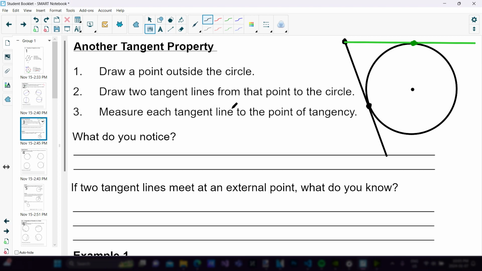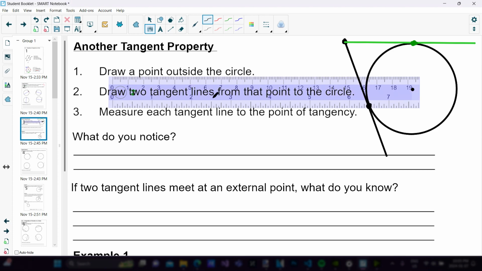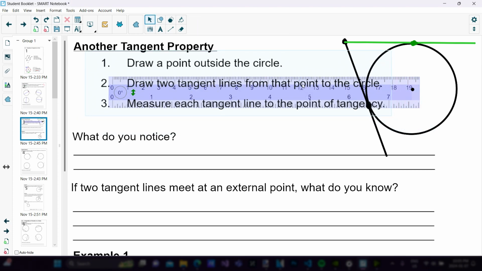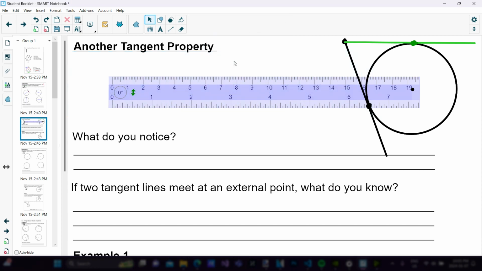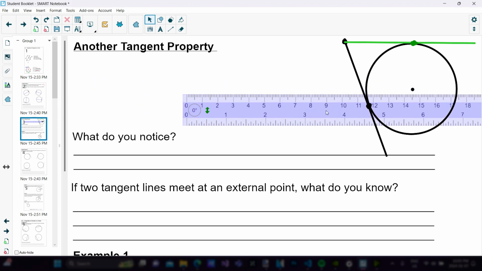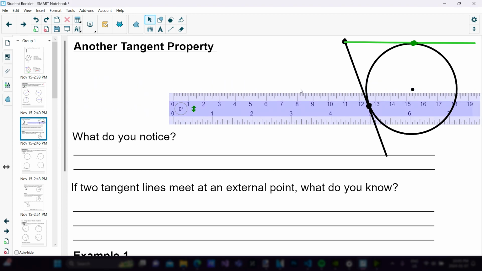Measure each tangent line to the point of tangency. Okay. Wording's a bit weird, but I think I know what they want me to do. If you take your ruler, and please forgive me, I'm going to erase some stuff because this is going to be impossible if I don't.